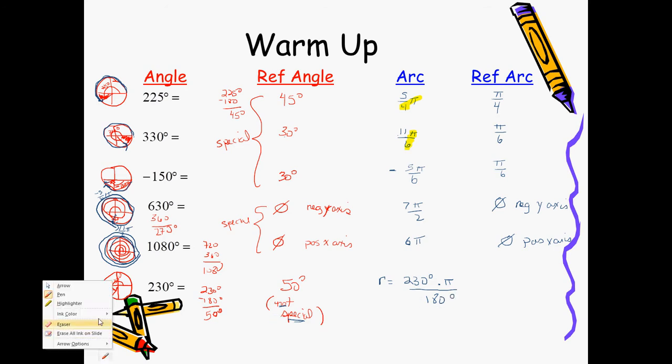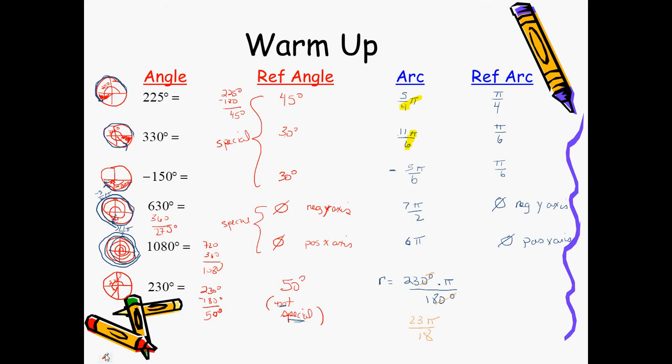If you're dividing degrees by degrees, the degrees cancel out, the zeros will cancel out, and this is 23 pi over 18. Now I can't do my little trick, right? This is not a special angle. I can't say the reference arc is pi over 18. So I have to go over here and I have to think.